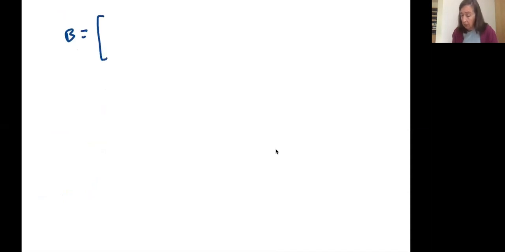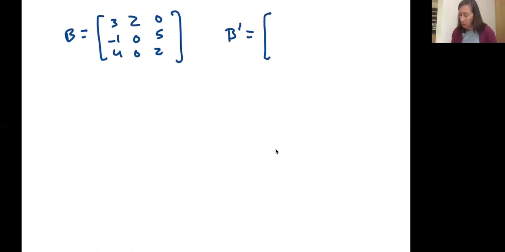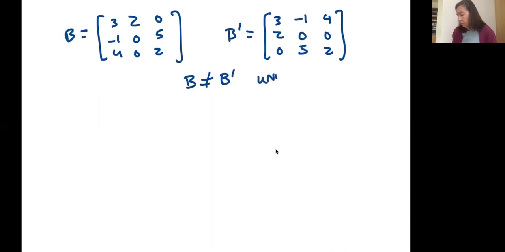So B is 3, -1, 4, 2, 0, 0, 0, 5, 2 perhaps, and switching the rows and columns, taking the transpose here, gives us 3, 2, 0, -1, 0, 5, 4, 0, 2. B does not equal B prime unless we start off with a symmetric matrix.